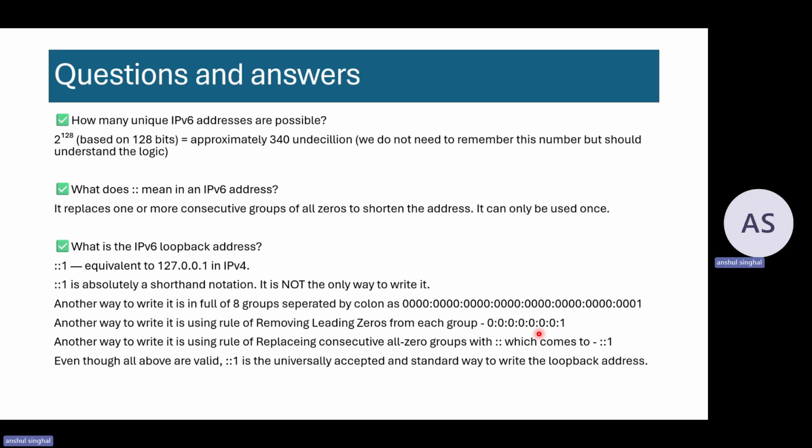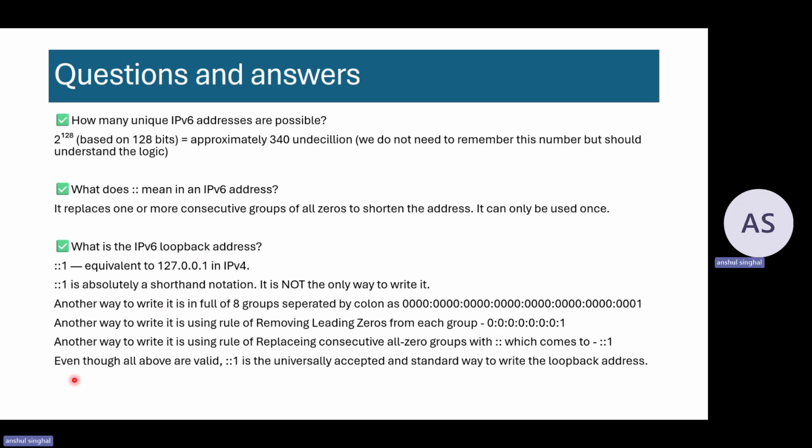There is another rule to shorten it, wherein we can replace all the consecutive zero groups with just colon and colon. After removing the leading zeros, these 7 groups are consecutive zeros, so we can replace them with just ::, giving ::1.